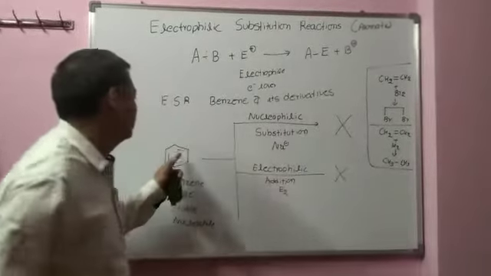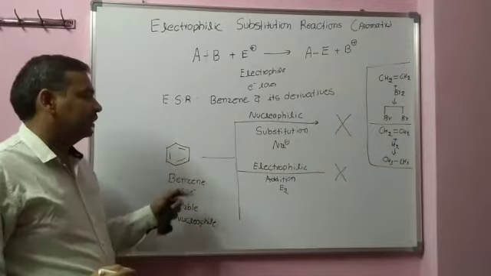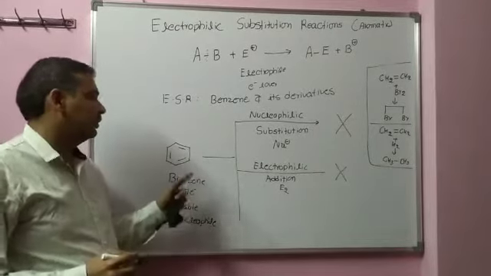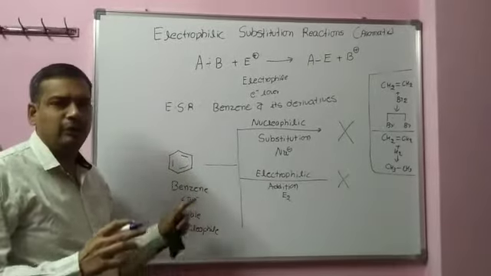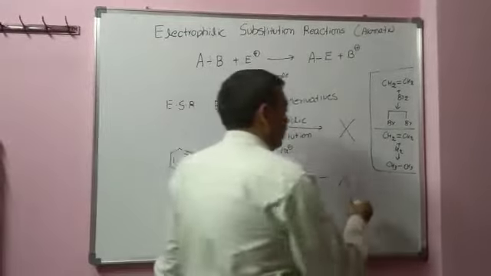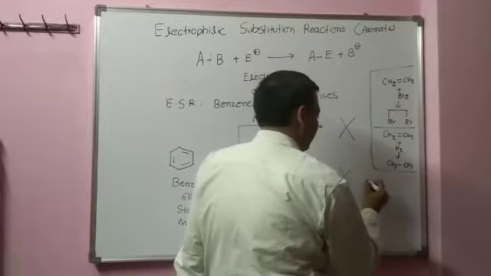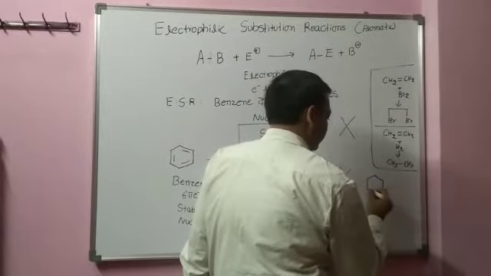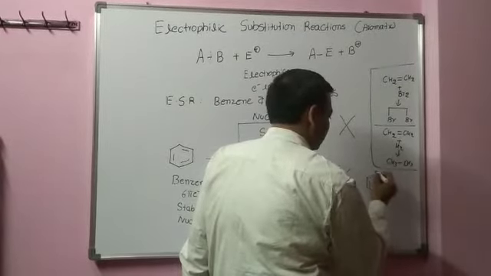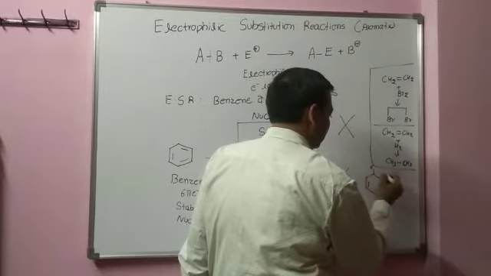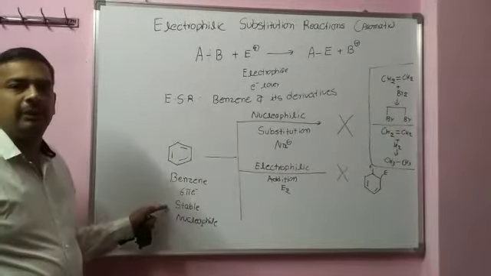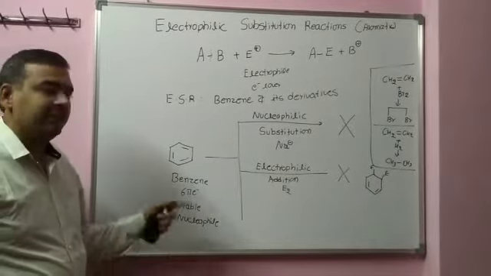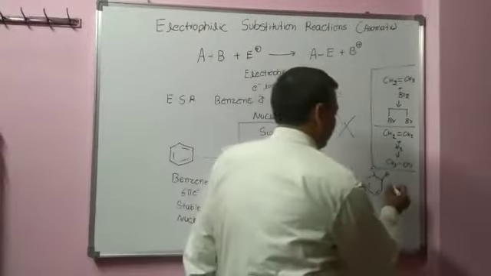Similarly, benzene also contains 3 double bonds. That's why I wrote electrophilic addition. But the electrophile will not add on the benzene, so there is no product formed. Why? Suppose it attacks and forms a product like this. But benzene is a stable compound, and what we got after addition is unstable. It is not aromatic.